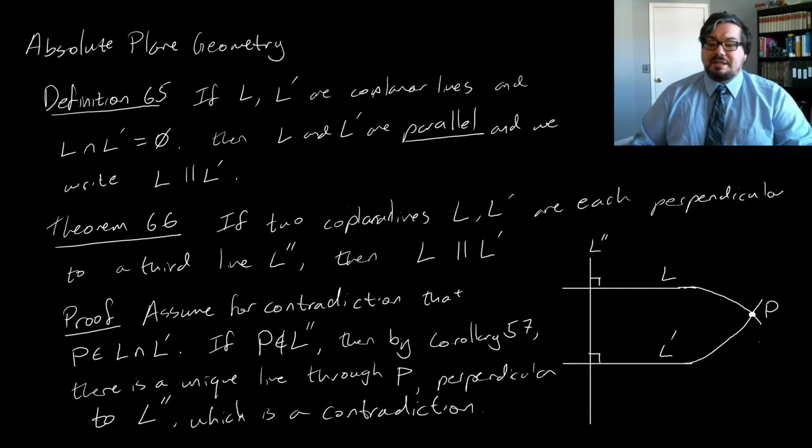So we show that in this situation, we have two lines that go through P and are both perpendicular to the line L double prime. That's exactly the sort of thing that Corollary 57 says can't happen.